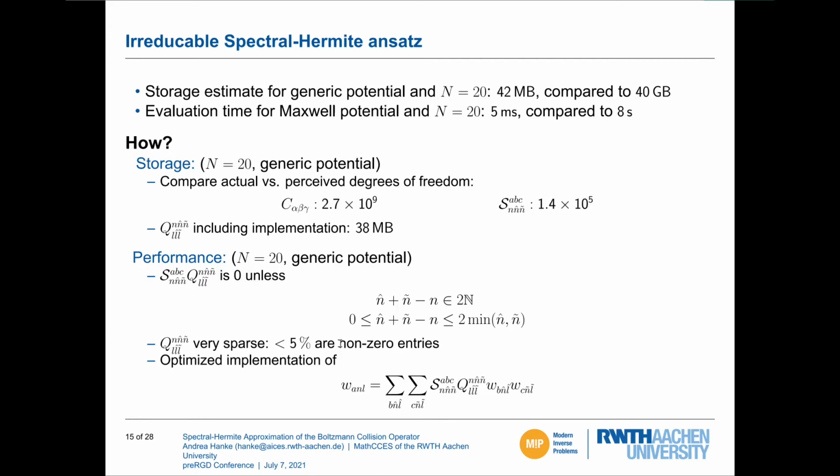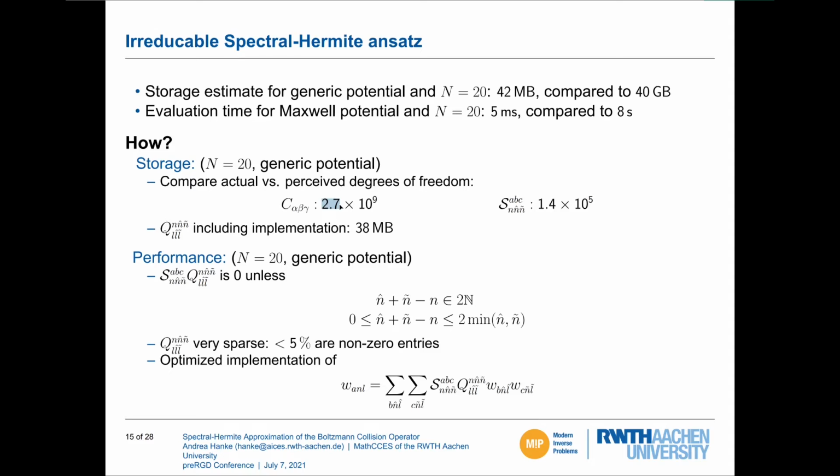So already with this overview, we can explain how we are so much better than the other approach. Setting n equal to 20 and using a generic potential, we can compare the actual versus the perceived degrees of freedom. If you look at the collision tensor in the basis given just by the Hermite polynomials, you will end up with somewhere around 2.7 times 10 to the power of 9 degrees of freedom that you would expect that collision operator to have.